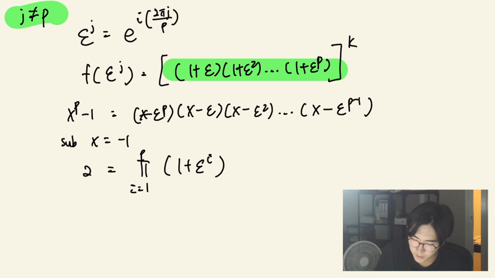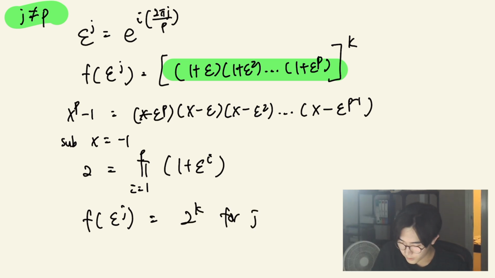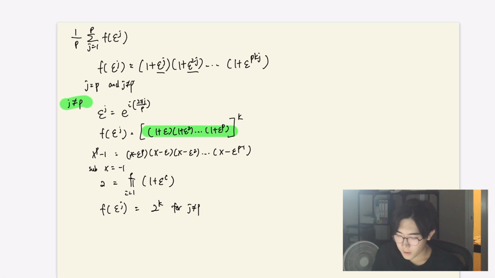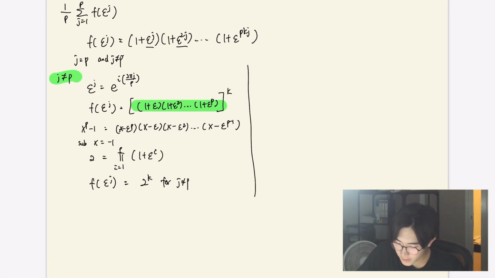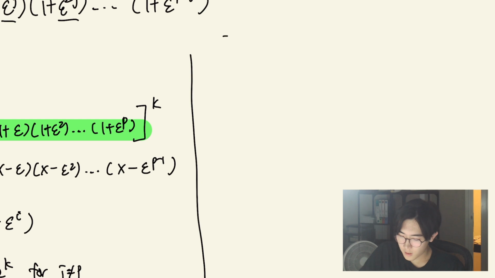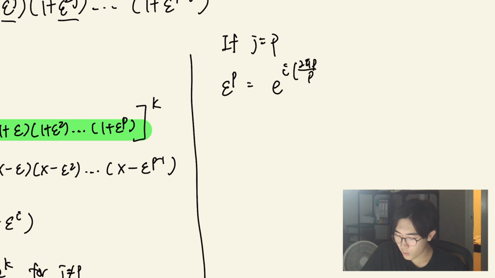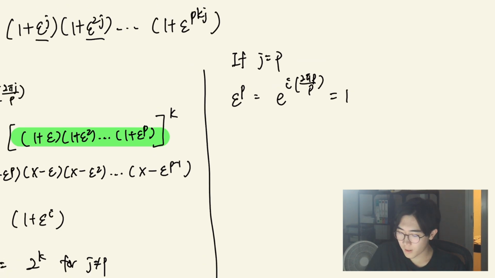So f of sigma to the power of j is equal to 2 to the power of k for j not equal to p. Okay. Now let's consider when j is actually equal to p. If j is equal to p, we notice that sigma to the power of p is equal to e to the power of i 2 pi p over p, which is equal to 1.